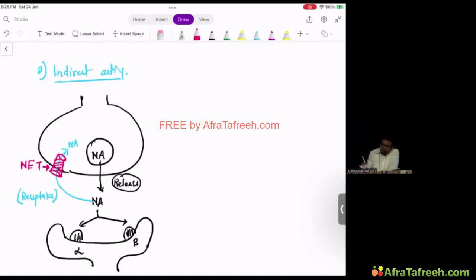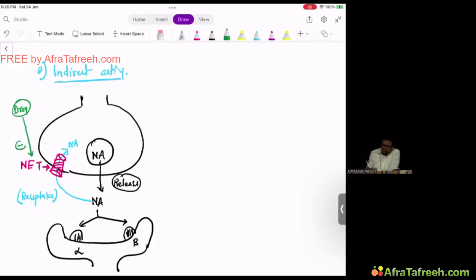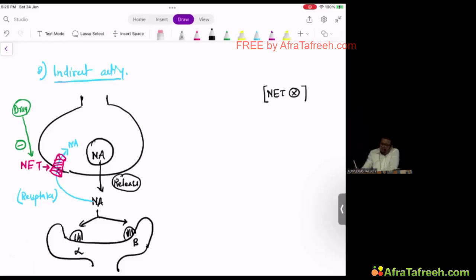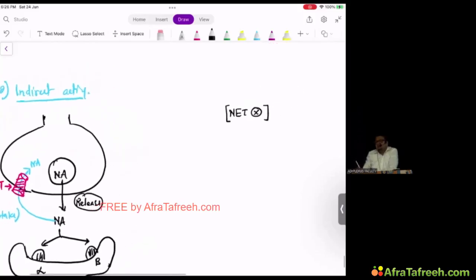Now just imagine that we are giving a drug. The drug comes and inhibits NET. So the drug is simply a norepinephrine transporter blocker. Which process will stop?